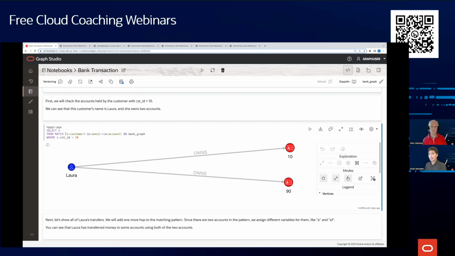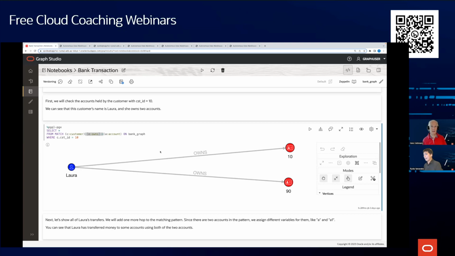And then here, this is a graph pattern. The source node here, C, represents a customer, and destination node A represents accounts. And these two vertices are connected by an edge E, which has the owns type.